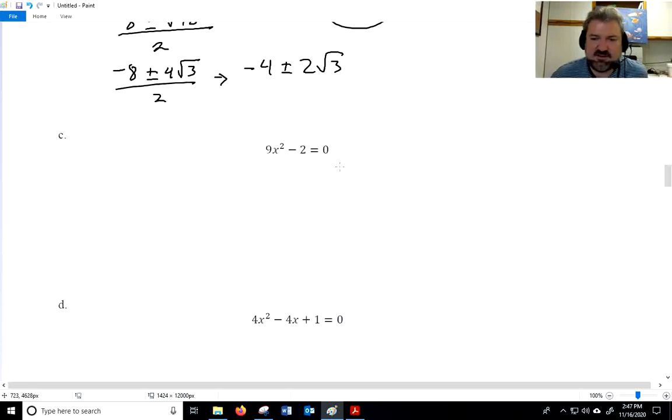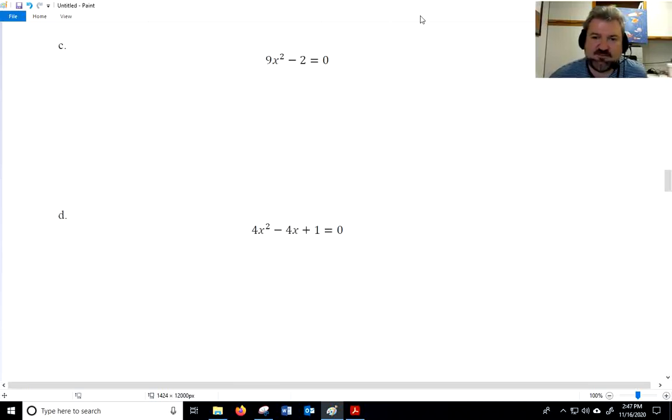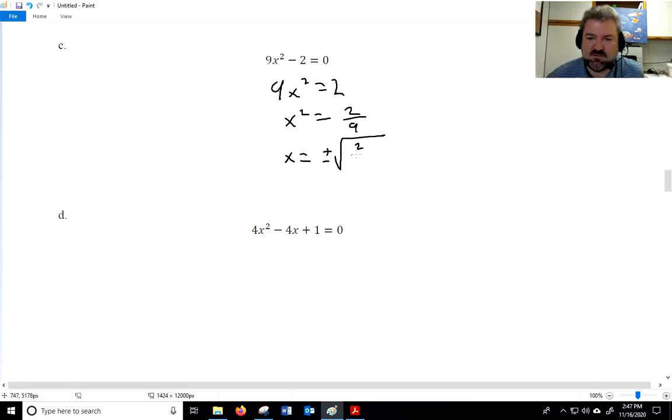All right, letter C. Well, it's not factorable. 9x squared is a perfect square, but 2 is not. Remember, we have a difference of two squares when that's a perfect square minus another one. But because there's no x term, let's use square roots. So move the 2 to the other side, divide both sides by 9, and then take the square root of each side. We need the plus or minus when we take the square root, though.